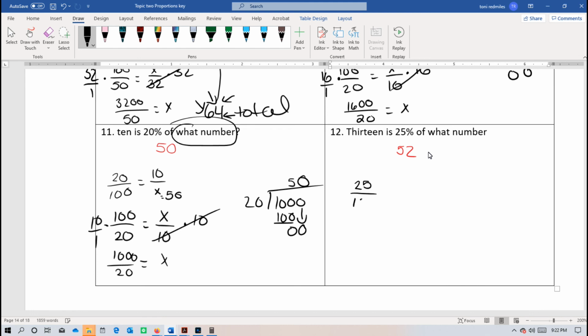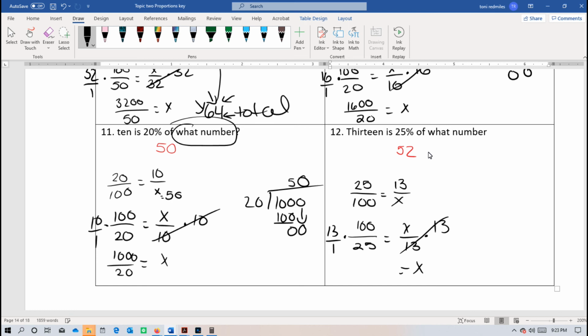All right, last one. My percent is 25 over 100. 13 is 25% of the total, which I do not know. So my x has to go on the bottom because my proportional relationship says the total is on the bottom because I put the total here on the bottom. All right, I'm going to flip my ratios, both of them, and I'm going to multiply both sides by 13 so I can get that x by itself.